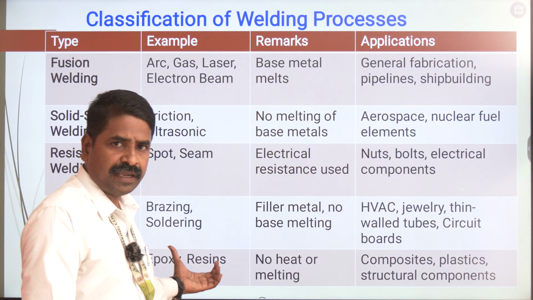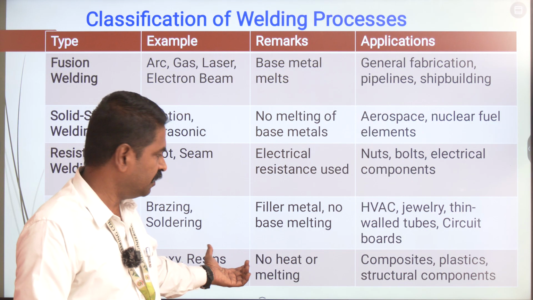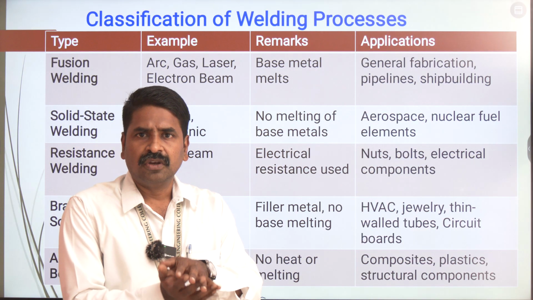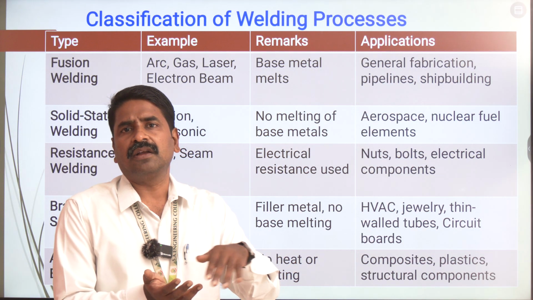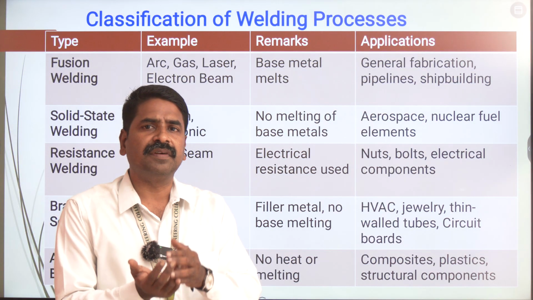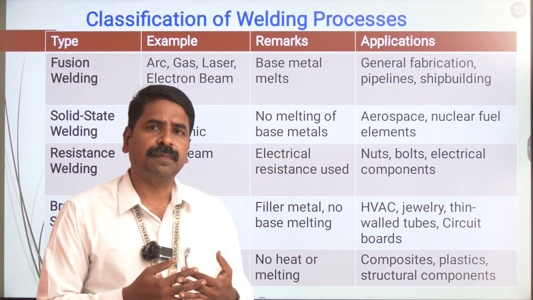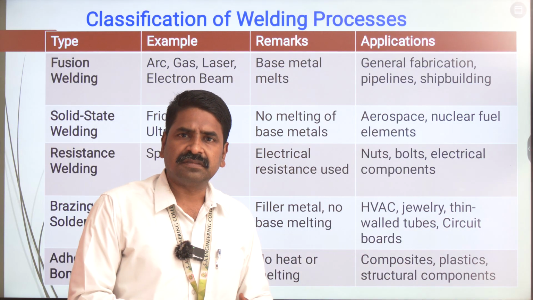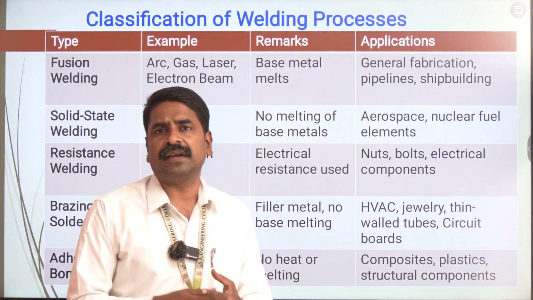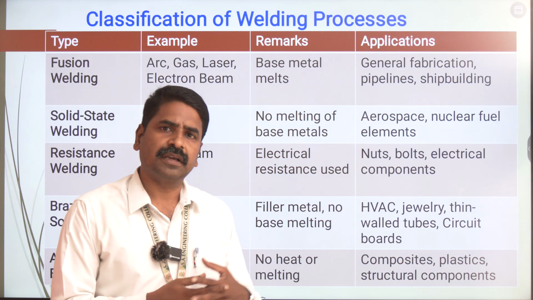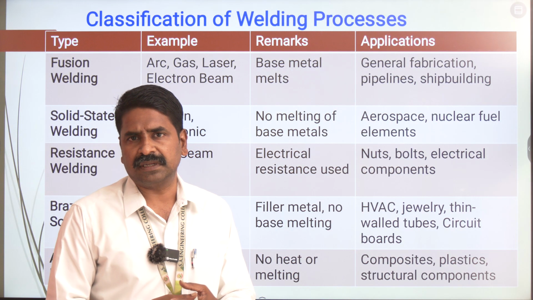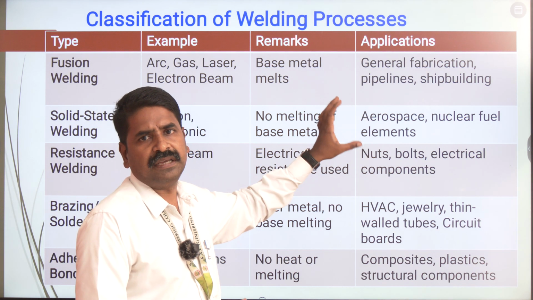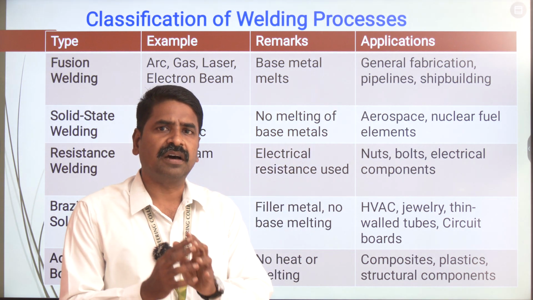Examples are epoxy and resin types of bonding. As you can see, you are using adhesives, so you are not going to apply any heat, and melting of the parent metal will not take place. Then what are the applications? It is used for joining plastics, composites, polymers, etc. So this is a short description of the various types of welding or joining processes.